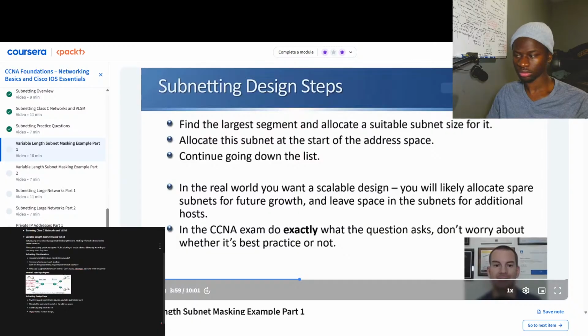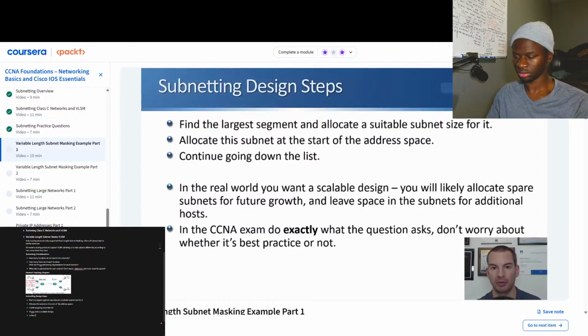You then create that subnet at the start of your available address space. And then that's it. You just keep working your way down. So you start off with the largest subnet, you then move to the next one, the next one, and the next one until you've allocated addresses for all of your different subnets.